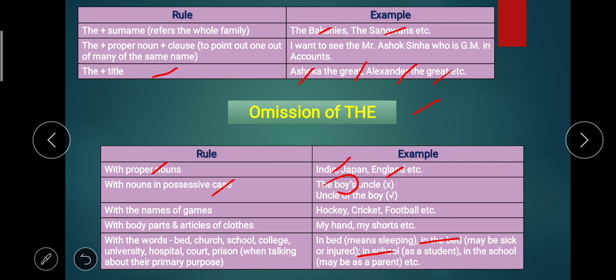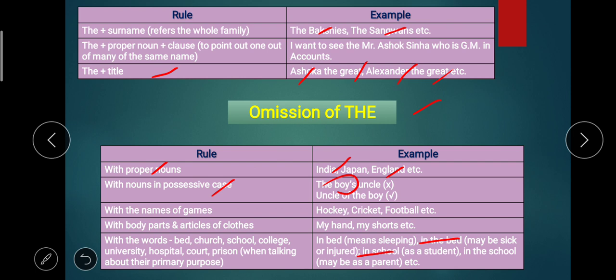But if I say my son is in the school, has gone to the school, it means he hasn't gone to get education from there. Maybe he has gone there to meet his friend, or to deposit the fee of his friend, or any other reason. But the main thing is he hasn't gone to school for academic purposes.